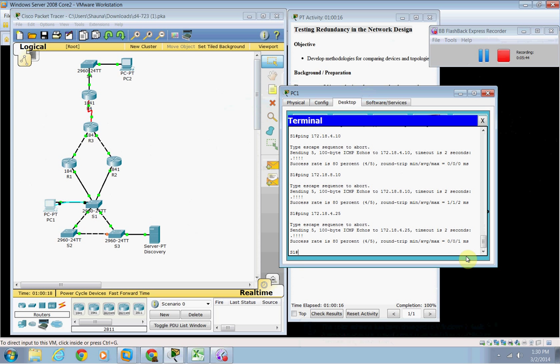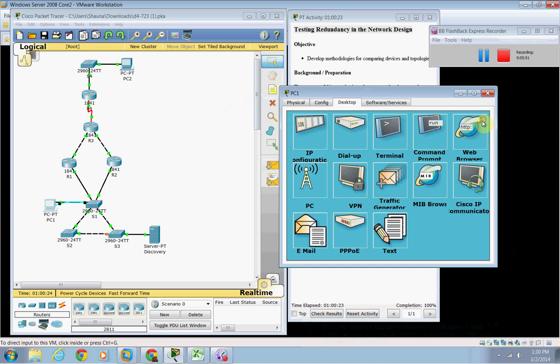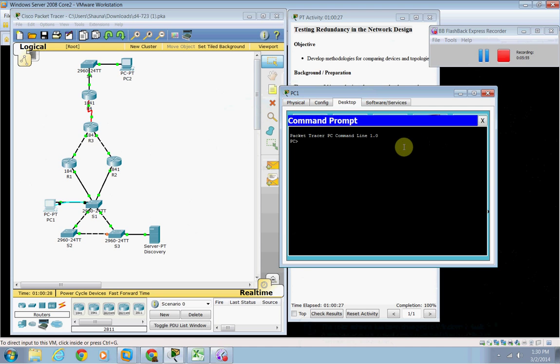Okay, so my next thing to do is to telnet into router 1. We're going to telnet to router 1 through interface FA0/0, which is 172.18.4.1.